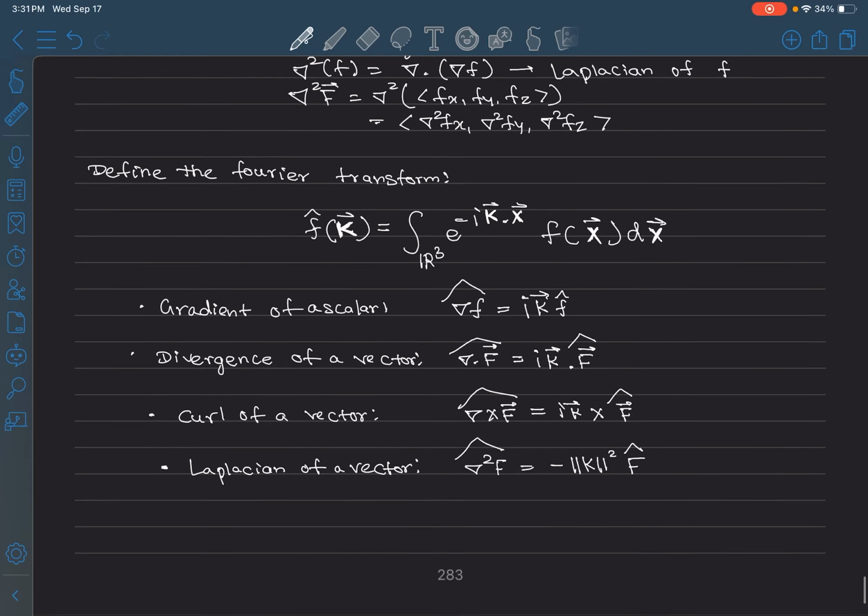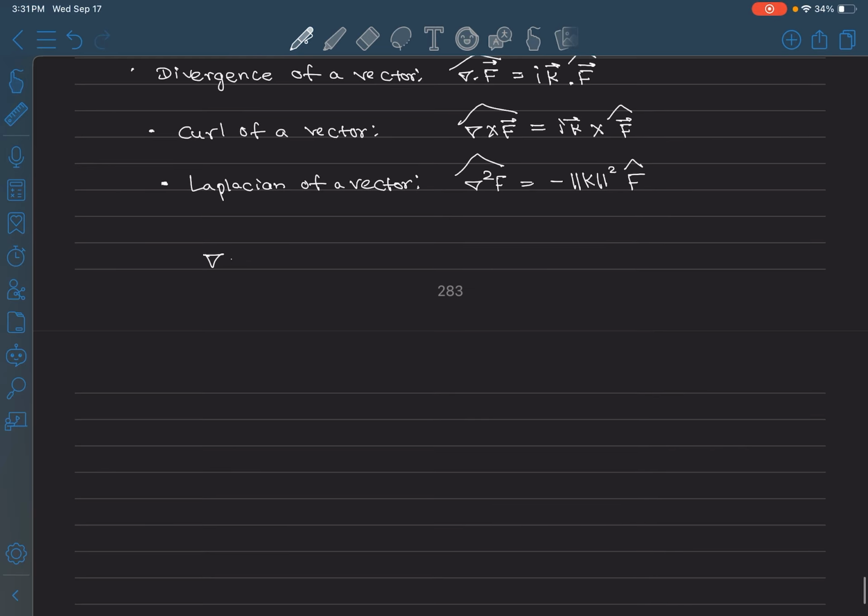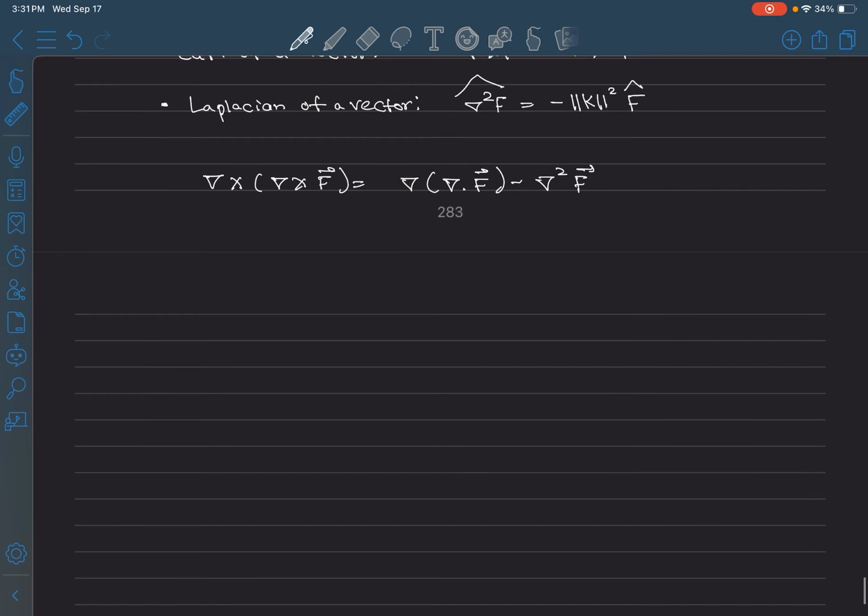So now we want to prove that nabla cross nabla cross f is equal to nabla of nabla dot f vector minus the Laplacian of the f vector. We start with the LHS.